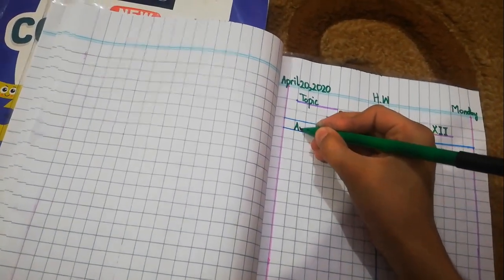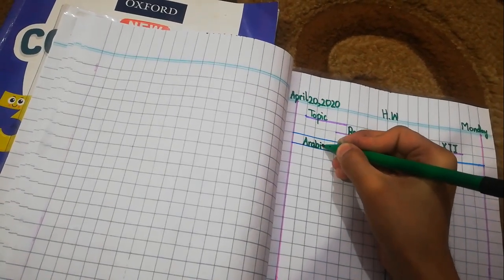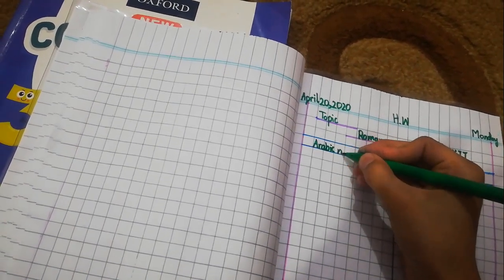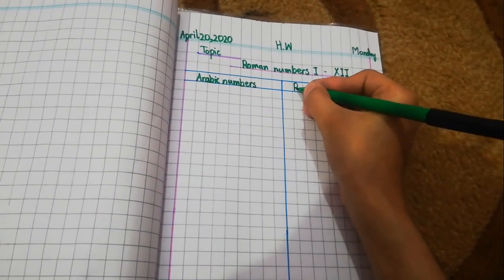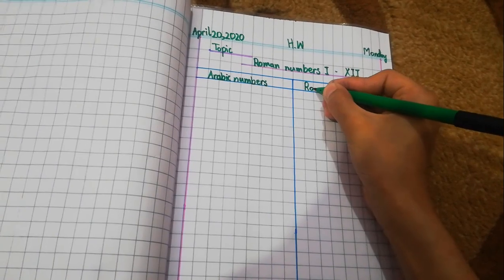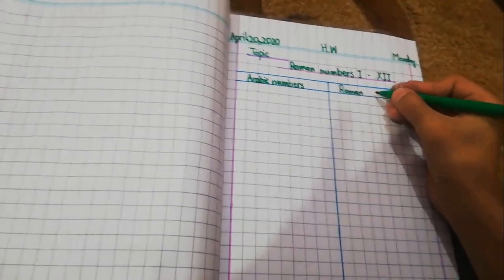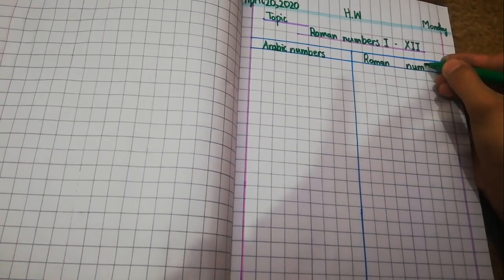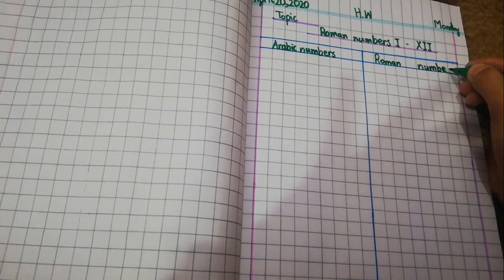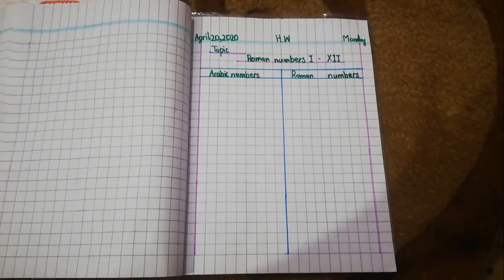Start with the capital A. Write numbers with small n. On the other side you will write the Roman numbers. Start with capital R. Leave one box, then write numbers, so it will give you a neat look of the copy. This is how you'll have to prepare your page for writing Roman numbers.